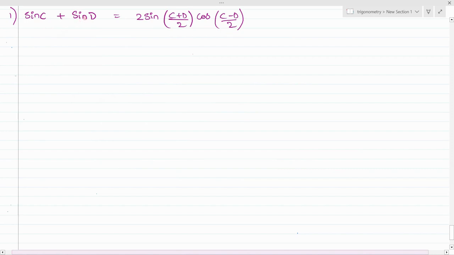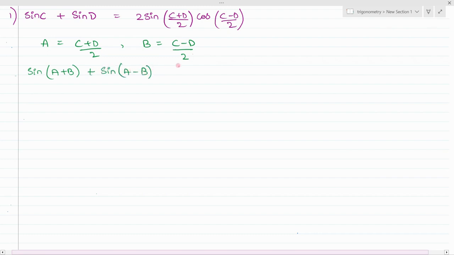The first formula is sin c plus sin d is nothing but 2 sin c plus d by 2 into cos c minus d by 2. Just now we have written a and b in terms of c and d: a is c plus d by 2 and b is c minus d by 2. We also know the formula sin a plus b plus sin of a minus b is 2 sin a cos b.